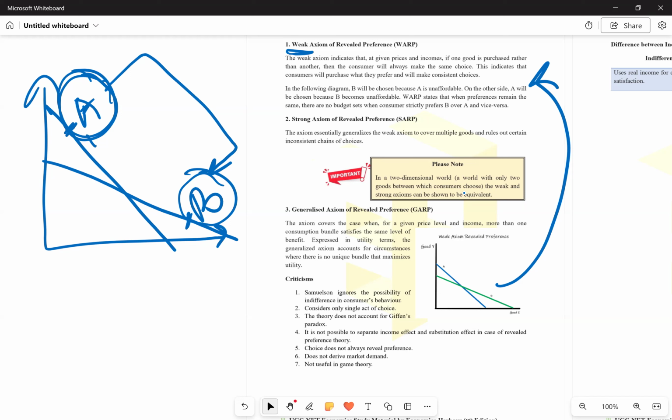Okay. Then second comes the strong axiom of revealed preference. Now this states that if there are multiple goods, then we will rule out the inconsistent choices. Here we are just taking two bundles, but in real life, we do not have just two bundles. We have multiple options, right?